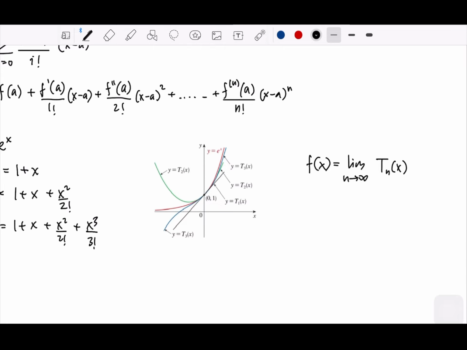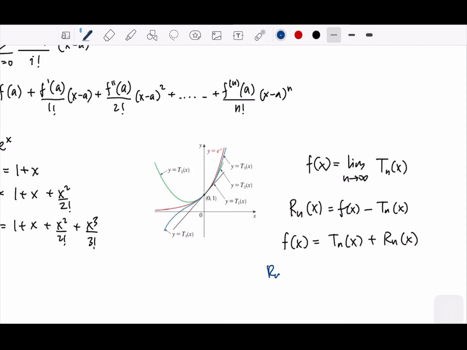So the error is actually the difference between f and T. And we call the error in a series the remainder. Okay, the remainder. So we can let the remainder be Rn, the difference between the function and the partial sum. Or we can let the function become the partial sum plus the error.